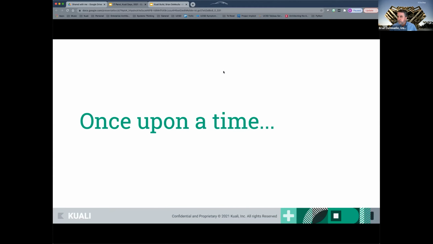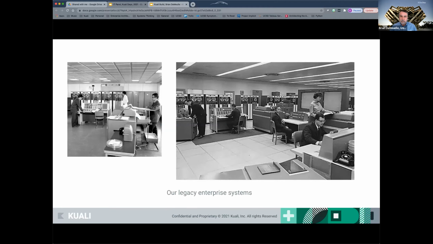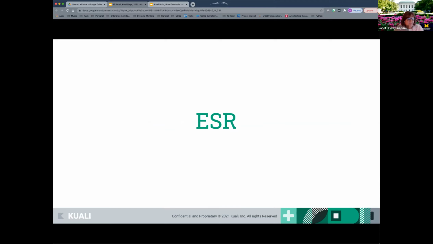So I'm just gonna walk through a little story. Once upon a time, there was this organization that needed to make a significant shift in their enterprise systems. Anyway, in 2017, enter the ESR program that was developed on the campus. ESR stands for Enterprise System Renewal, and it was defined as a multi-year complete overhaul of our existing legacy platforms.